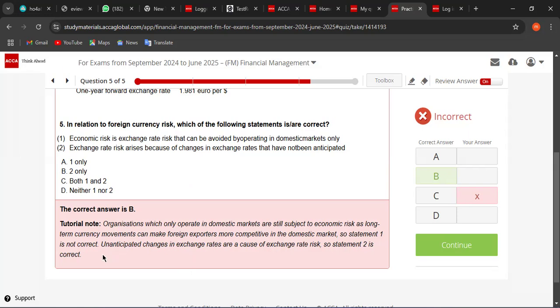So statement one is not correct. Okay, you can say that, but for me, I think the one is also correct.